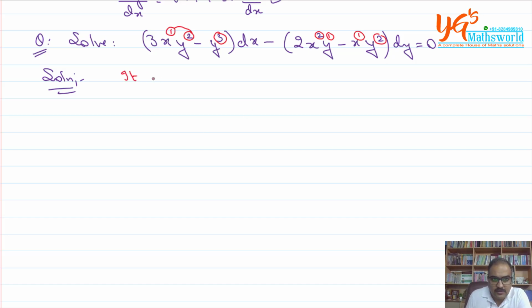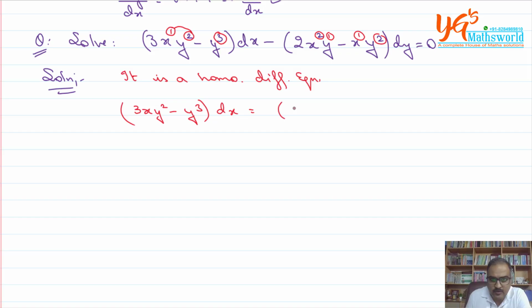So it is a homogeneous differential equation, and it can be written as 3xy square minus y cube into dx is equal to 2x square y minus xy square dy.